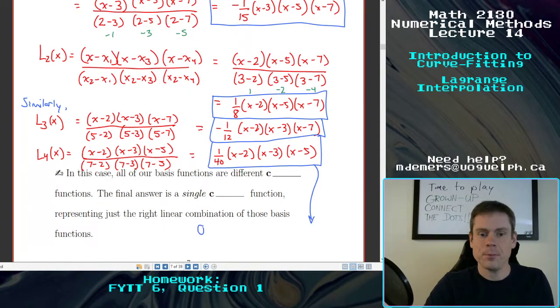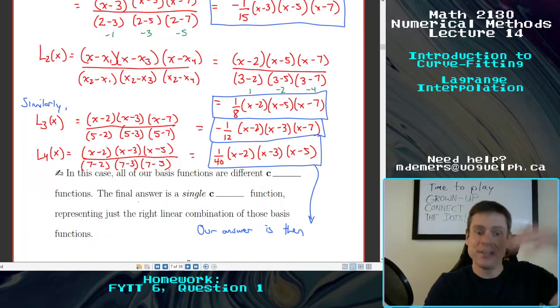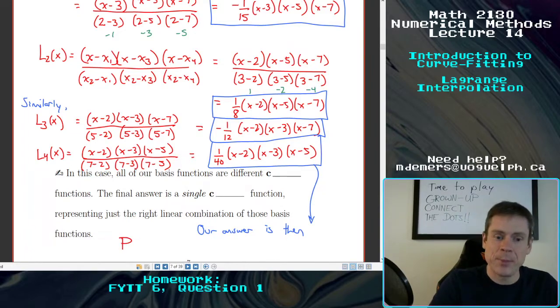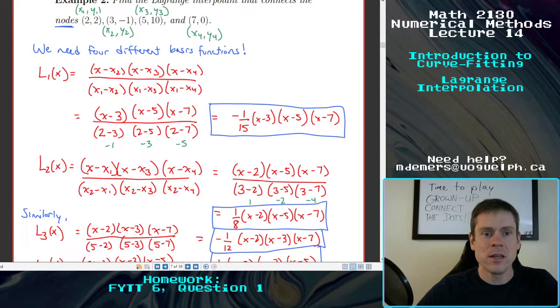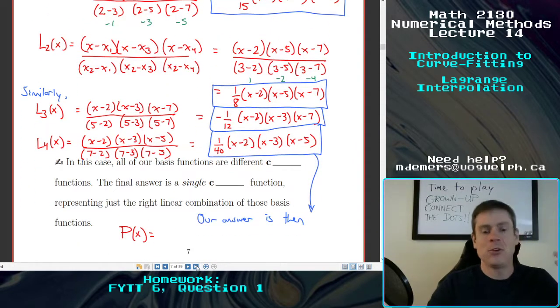This is not the answer, right? Our answer, to actually get the polynomial, I need that linear combination. So it's going to be p of x equals, and then we need the first y value, y1, is 2. So notice that the y values don't come into play until the very end here. So 2 times, I'll just write down L1.